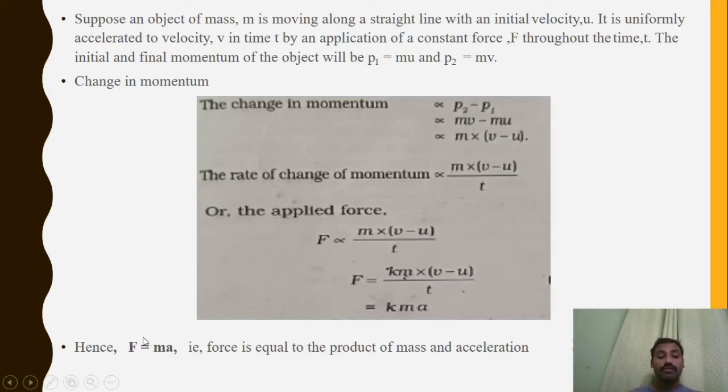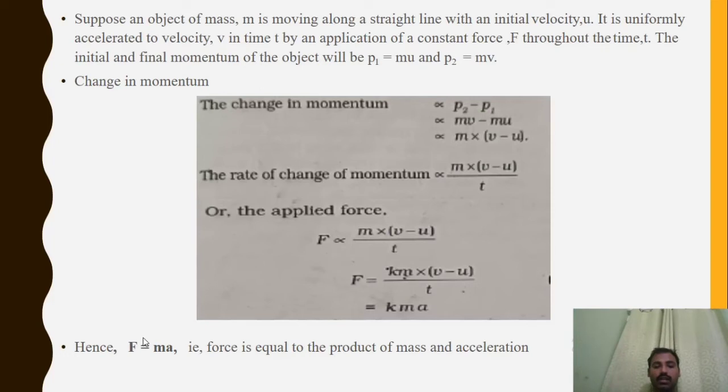This is very important. You will definitely go through this equation in your higher standards, in 10th, 11th or 12th standard. You have to solve problems based on these equations, so the second law is very important.